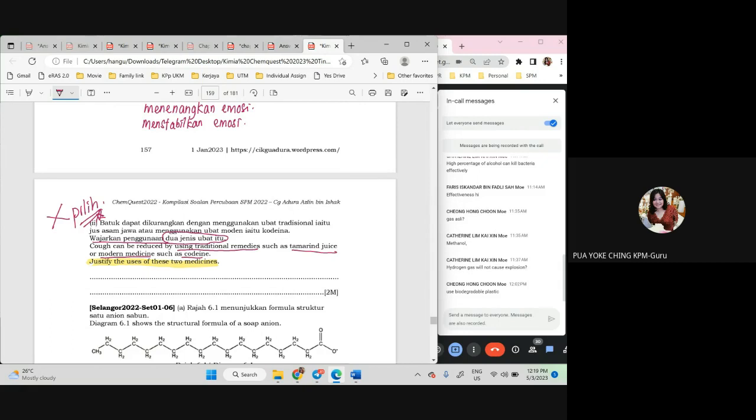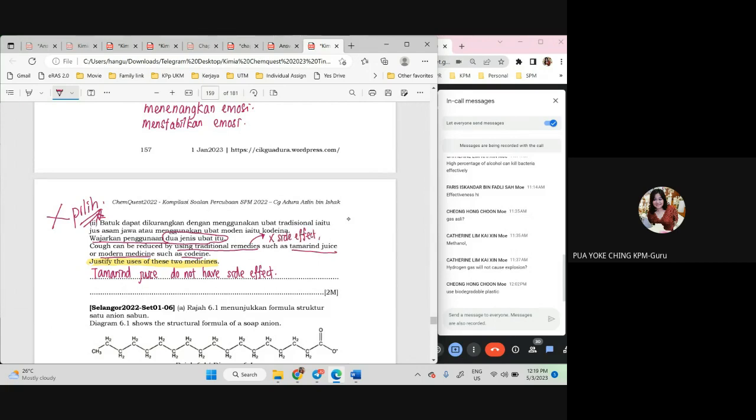Okay, yang pertama. Tamarind, traditional medicine. So, kalau you kata traditional medicine ataupun tamarind juice, do not have side effect. Kita kena ingat, kalau guna traditional medicine, dia tak ada side effect.